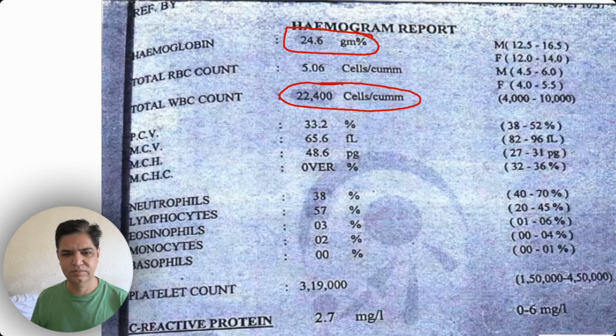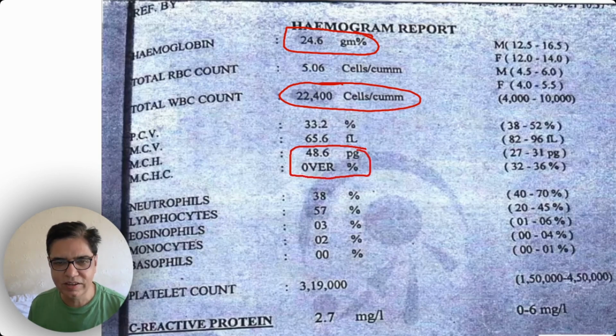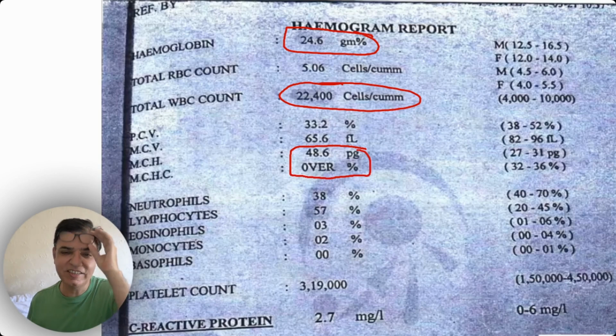The CRP, anyhow, don't focus on CRP. That is a biochemistry thing. So still normal, but MCH and MCHC are both high. MCH and MCHC are so high, it can't even calculate. But strangely, it's not making any sense.